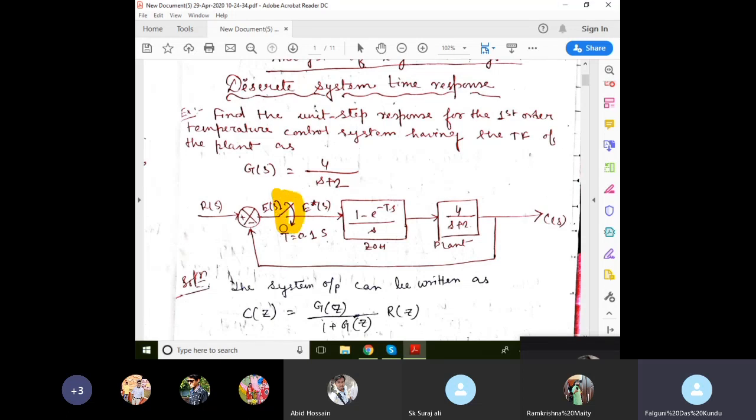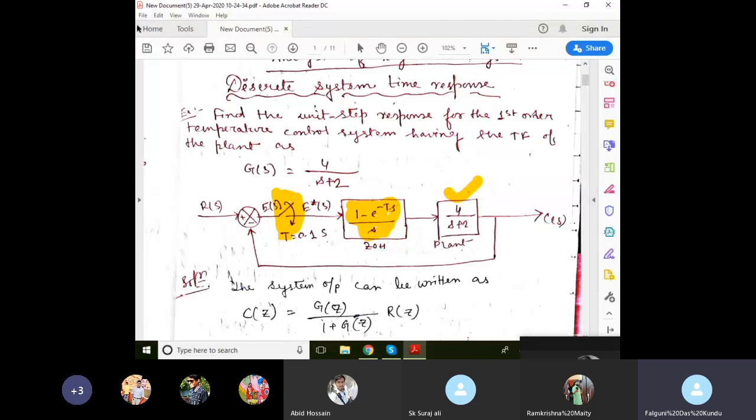Here we use a sampler, and the output of the sampler is E star (s). The sampling time is T equals 0.1 second. We use a zero order hold, (1 minus e to the power minus Ts) by s, and the plant is 4 by s plus 2. It is a unity feedback system.